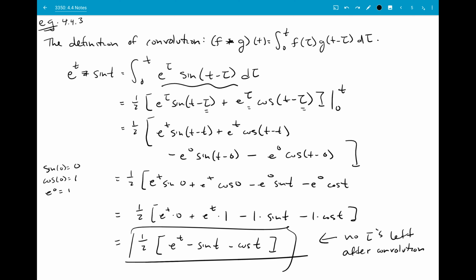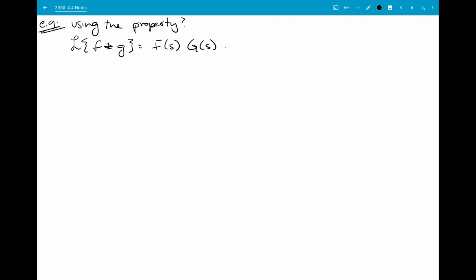So then real quick, let's see how we use this property. Remember that we said that the convolution property is that L of f star g is equal to F of s times G of s.